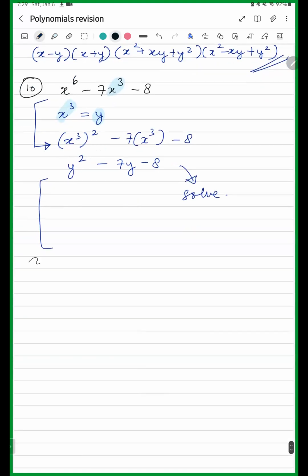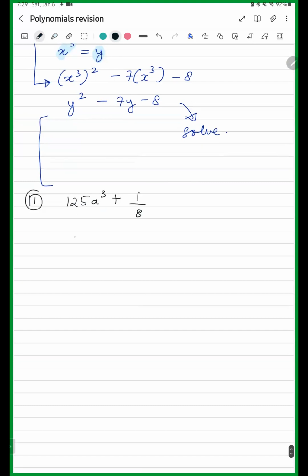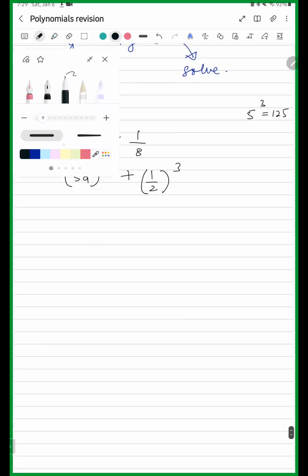Then next, 125a cube plus 1 by 8. This can be written as 5a whole cube, because we know that 5 cube is 125, plus 1 by 2 whole cube. So you will now treat this as x and this as y.